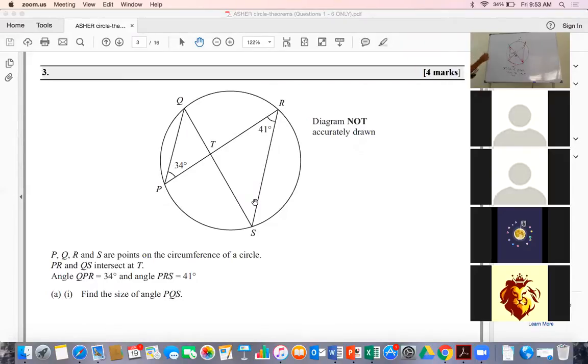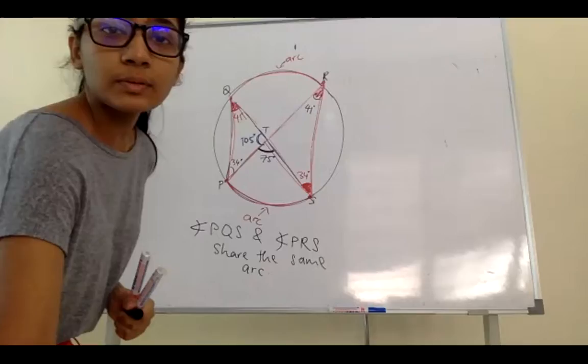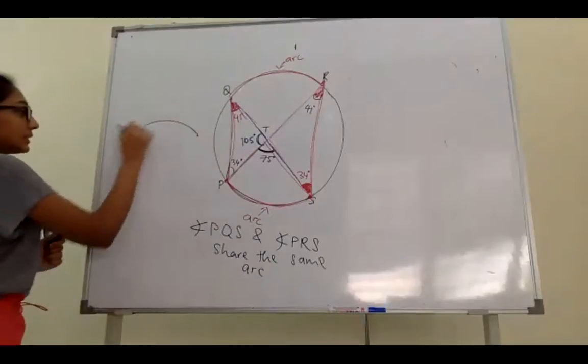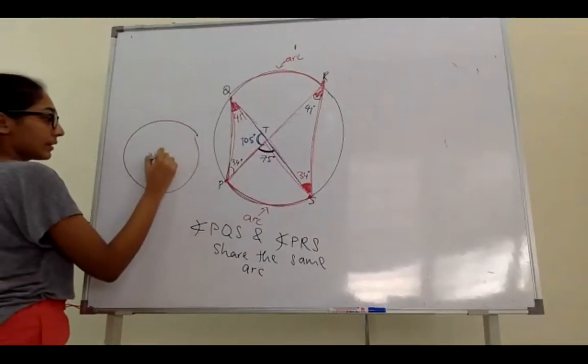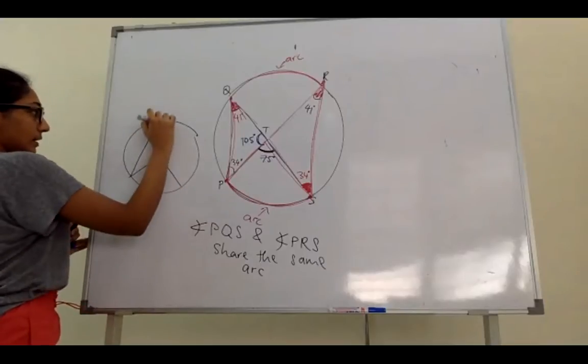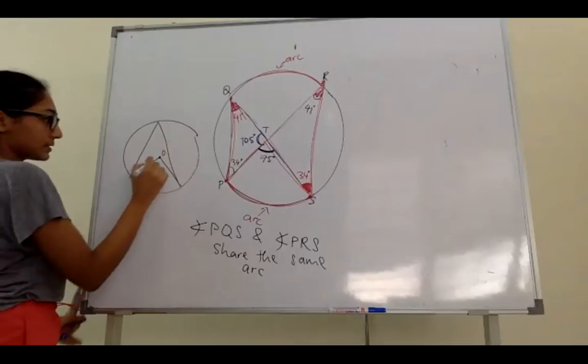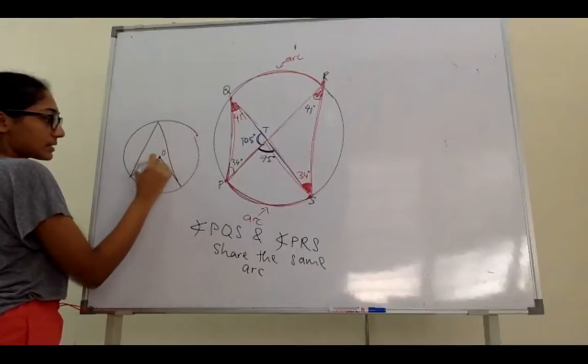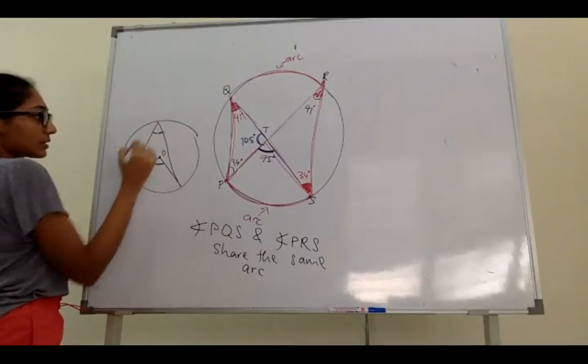Correct. So there is a rule that says if I have a circle, and let's say this is the center, then this angle must be double of this one.